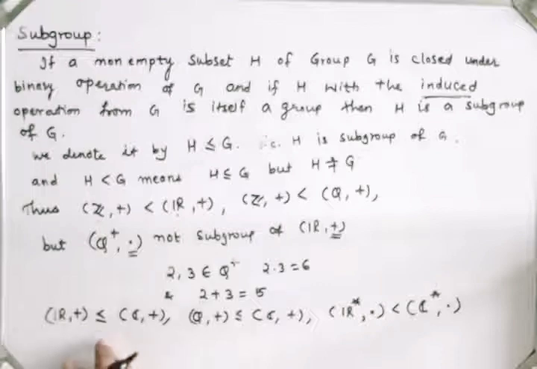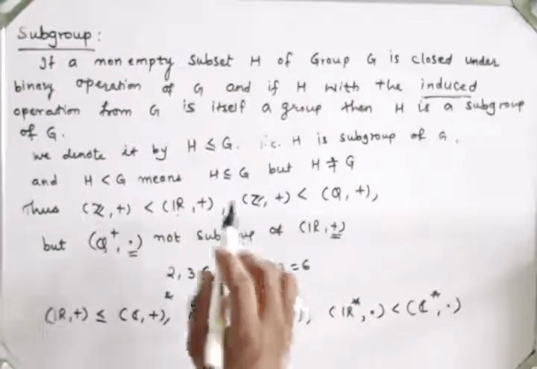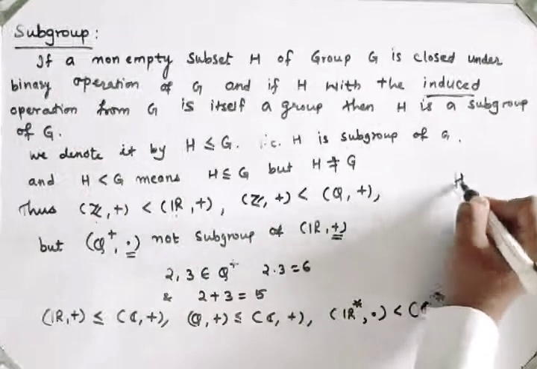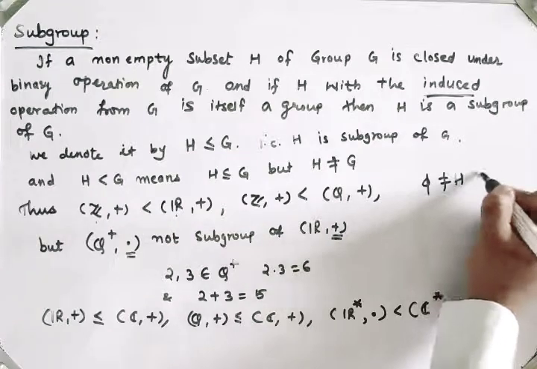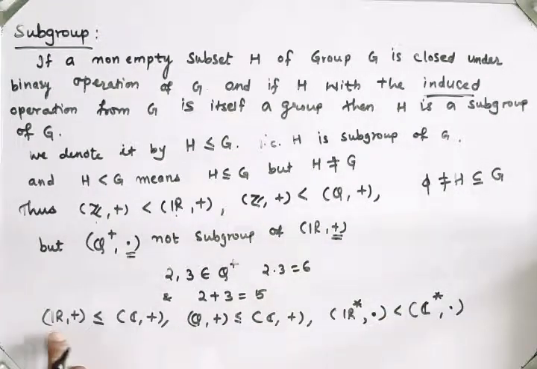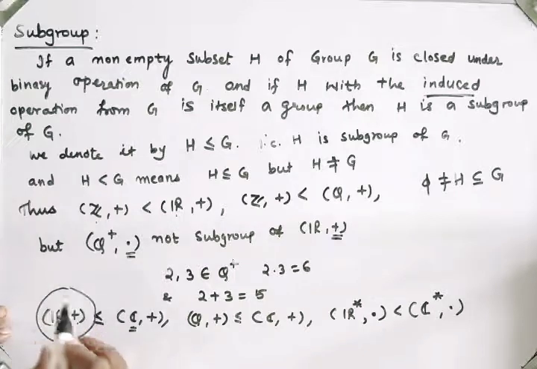So when we say that H is a subgroup of G, first we check H should be non-empty, and a subset of G. So in this example, R, the real numbers, is a subset of complex numbers, and R under addition forms a group itself.